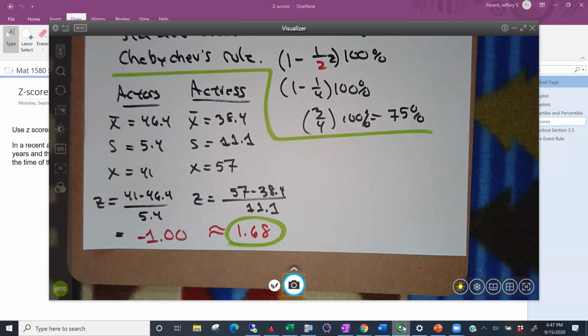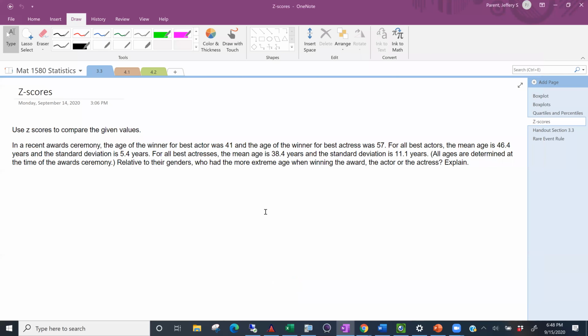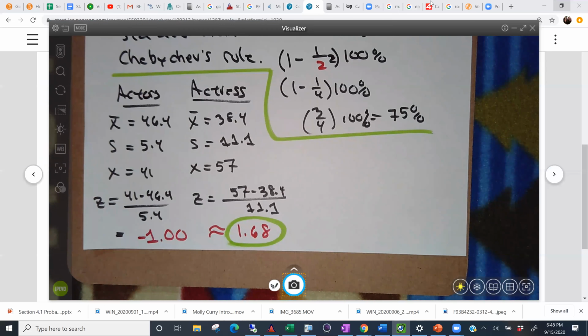Any follow-up on that one? Can we do another one that's like that one? Let me see if I've got one. Sure. Let me see if I can find it in the book.